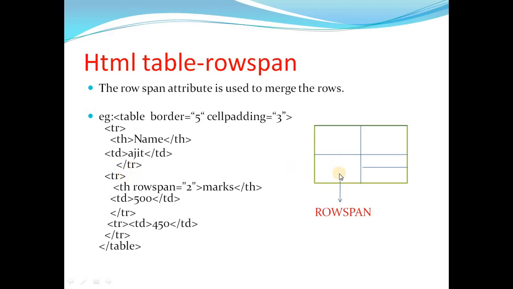Here I have merged 2 rows, rowspan equals 2. If you want to merge 3 rows you have to write 3. Next here I will write marks. Close of the heading. Next comes td. The data will be 500 here, and in the other row the data will be 450. So end of the table. Like this I will show you in the practical class.